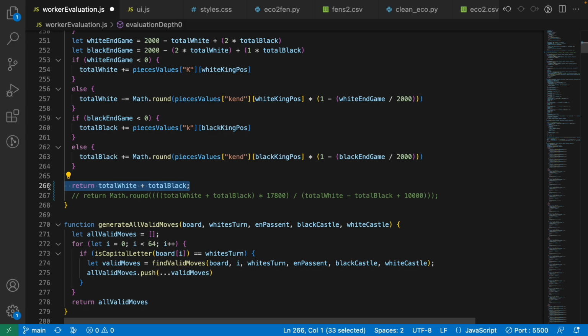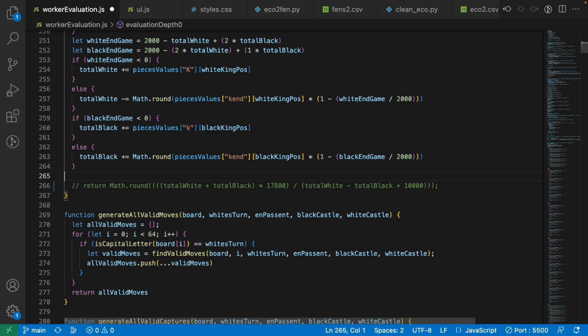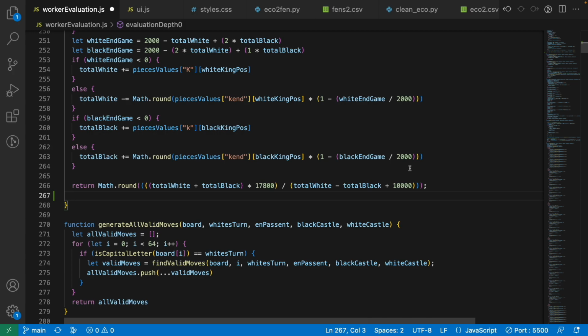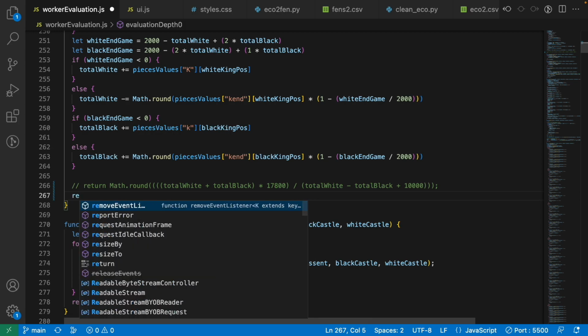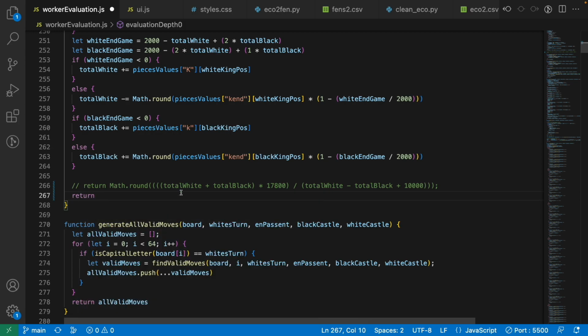So what I've done here is made it such that the AI has some incentive to do things. This is quite complicated. I've got 20 sets of brackets here, which is quite boring. But essentially, I'll simplify it down a bit. If I get rid of all the math.round stuff, you just return the normal eval times this number.